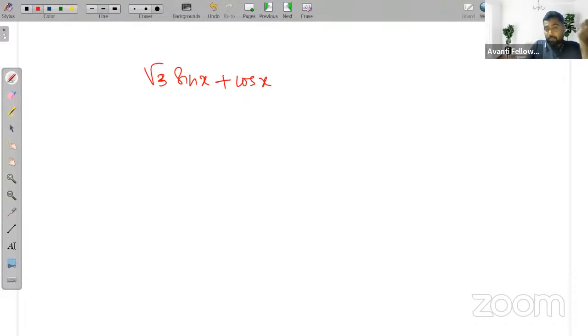So what we are doing: multiply by 2 and divide by 2 in the given expression. So 2 into (√3 by 2 sin x plus 1 by 2 cos x).